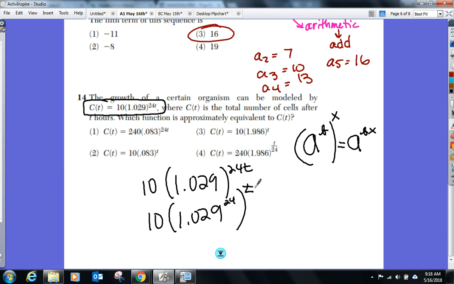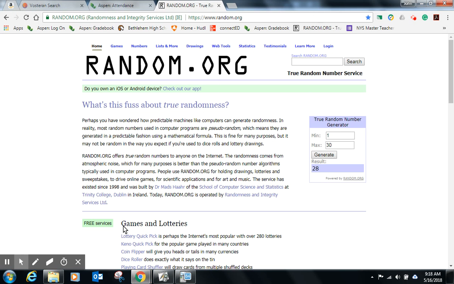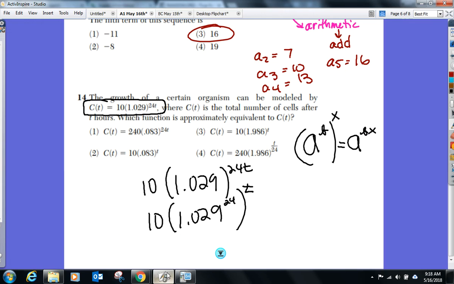And again, it says approximate, not exactly. So which one up here, when you raise 1.029 to the 24th, is about the same equation up here now? 1? 3, yep. Okay, so again, when you see them being multiplied, you can break them up separately, because that's what the rule tells us. I can break them up separately.